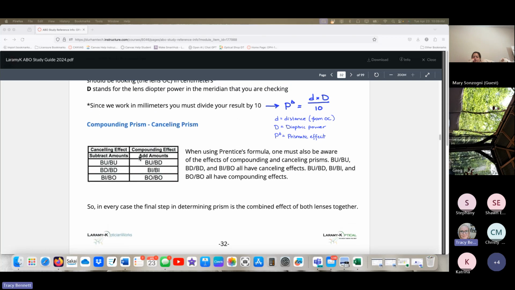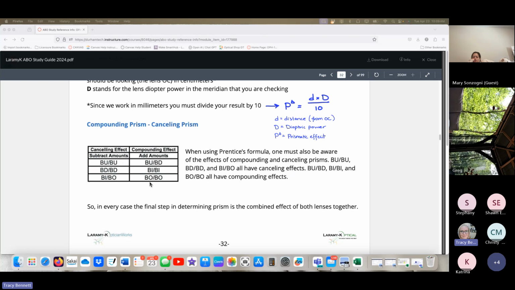I strongly recommend drawing them out, instead of just trying to think of it until you get used to it. But anyway, opposite base directions horizontally, versus like base directions vertically, are all canceling. So you subtract those amounts.